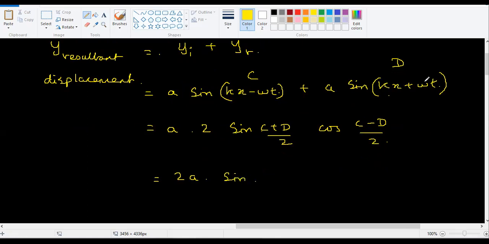Okay, very good. Omega t will cancel. So I'll be getting 2 times kx divided by 2. So 2 and 2 will cancel, so I'll be getting sine kx. Okay, if you want, I can write one extra step to avoid any confusion. If I do this minus this, what will happen? Kx and kx will cancel. Minus omega t, I'll be getting minus 2 times omega t divided by 2.